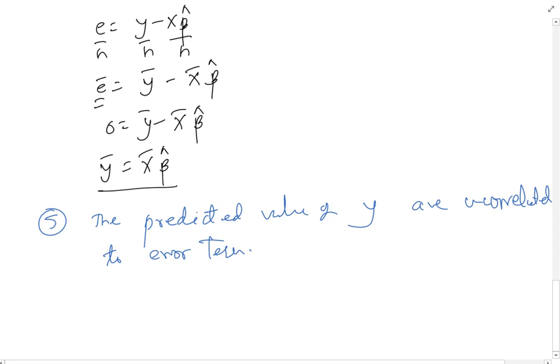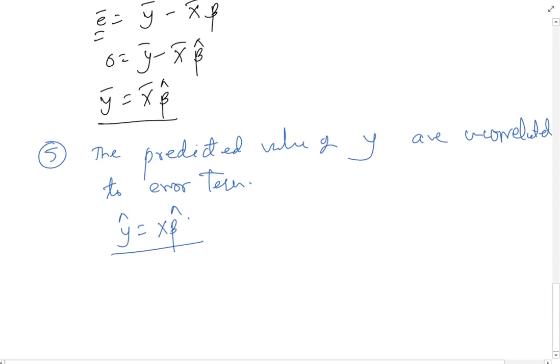That is, y hat equals X beta. So y hat times e equals X beta times e.